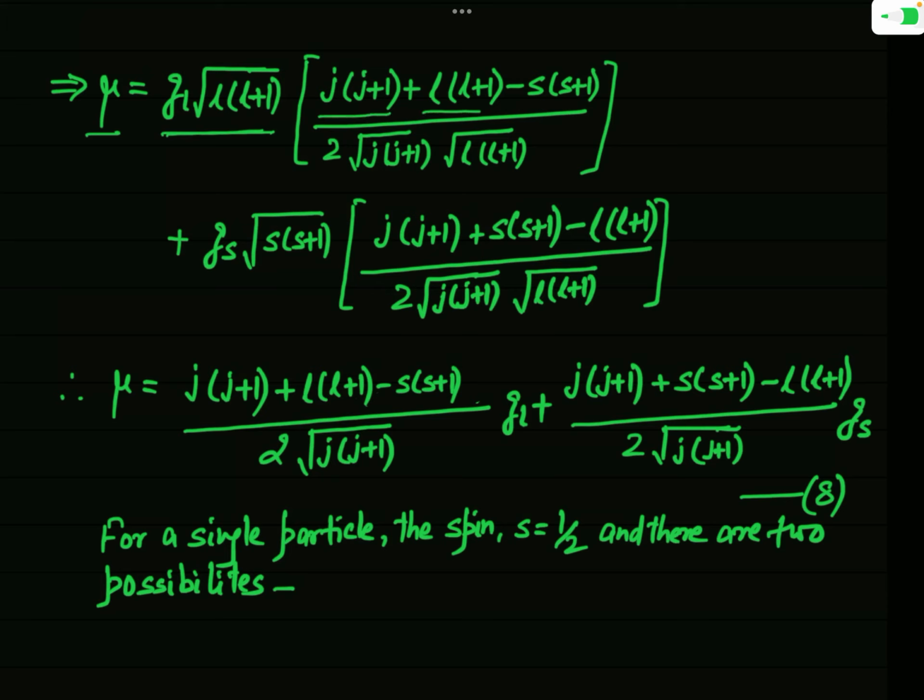Instead of mod of L square I have written here L into L plus 1, and instead of mod of S square I have written here S into S plus 1, and in the denominator there was mod of J into mod of L, and that will be root over J into J plus 1 times root over L into L plus 1.